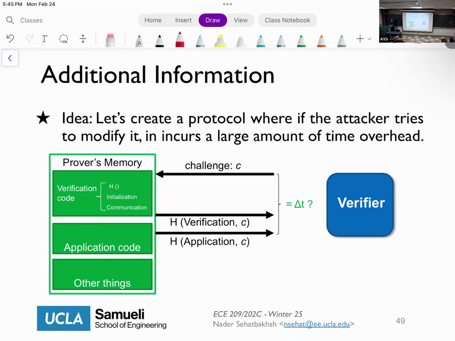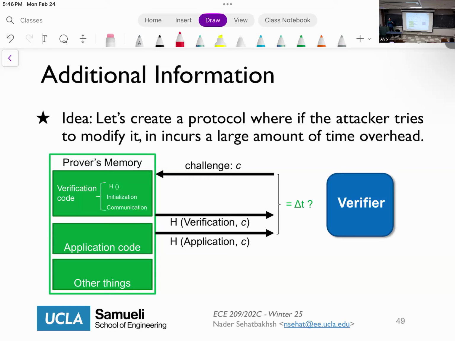So here's the idea that we are going after. We're going to do what we call self-checking code. Essentially, we're going to compute the hash over the verification code itself and send the response back to the verifier. This process is designed such that the verification code is going to compute the hash over itself, okay?